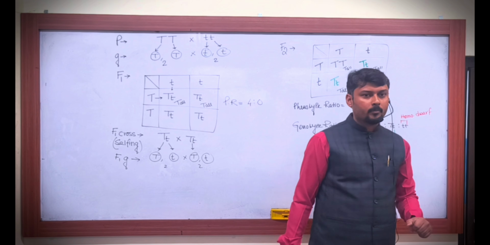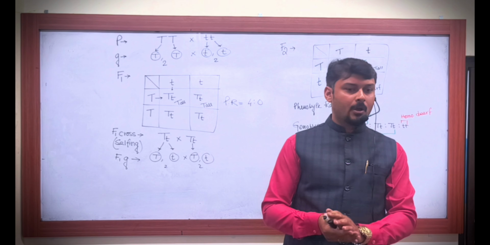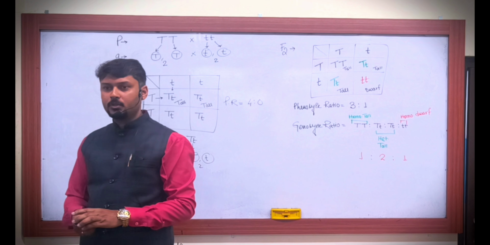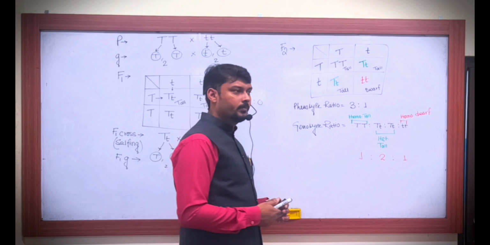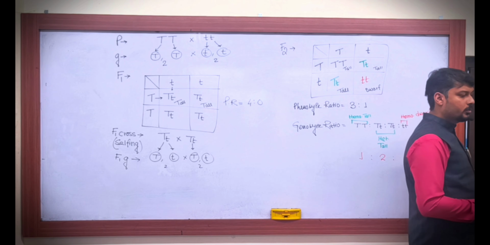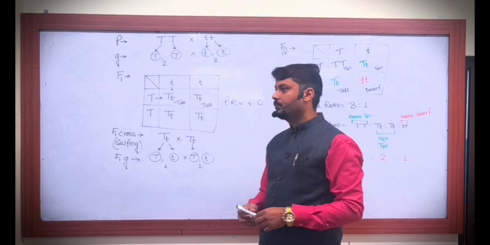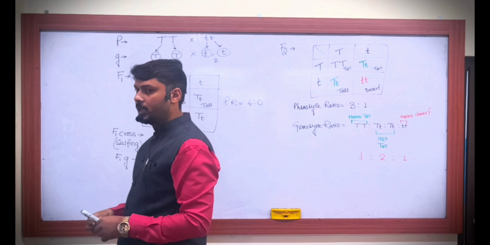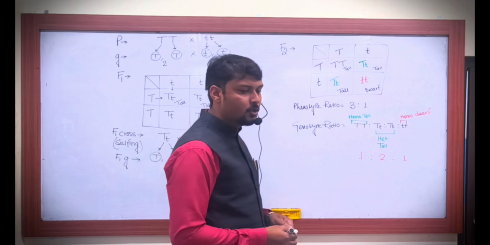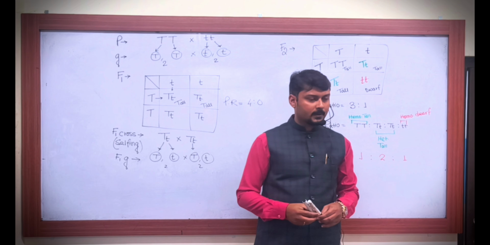Now write down the problem. Round shape of seed is dominant over wrinkled shape of seed.